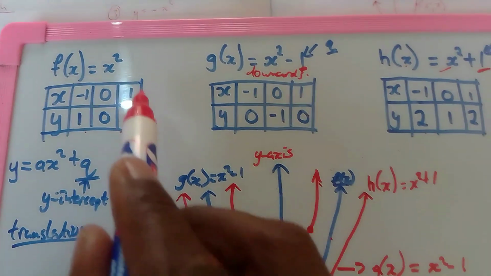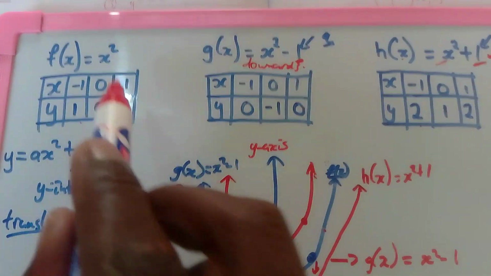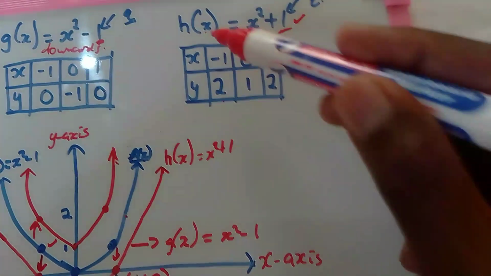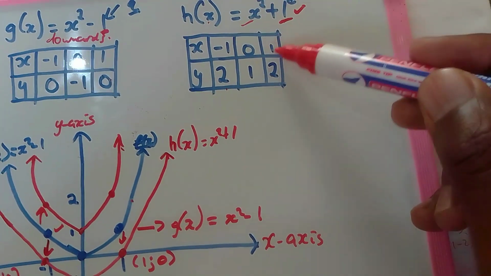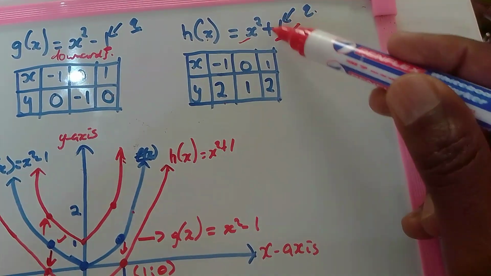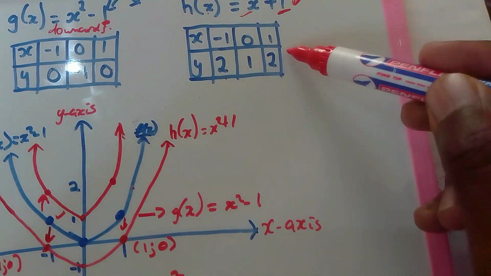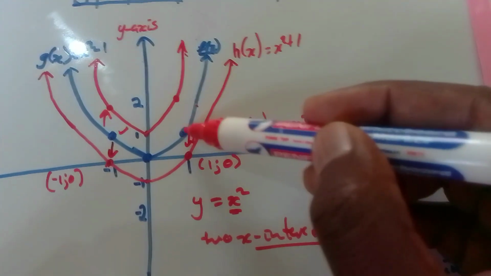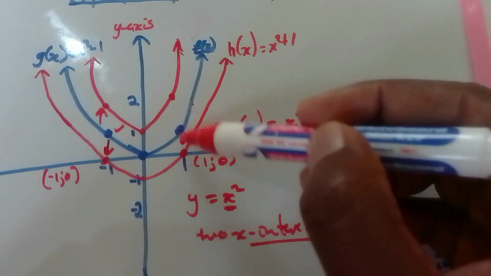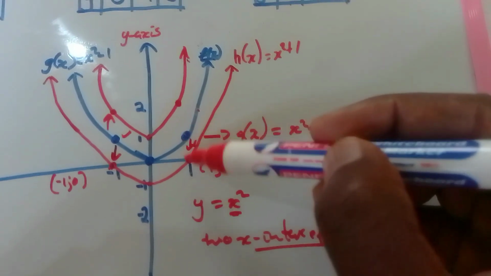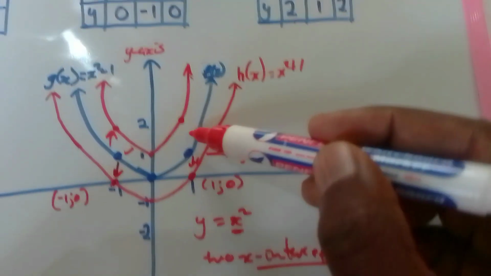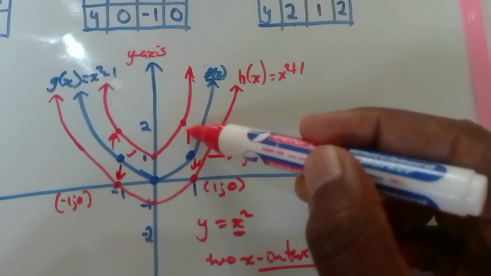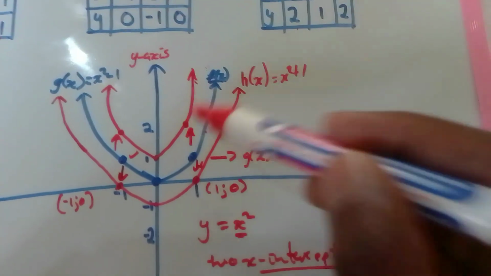And if we check, at x is equal to 1 on the parent graph, our y was 1. At x is equal to 1, where the q is +1, we've gone to 2. And if we go graphically, on the original parent graph or mother graph, with x is equal to 1, y was equal to 1. Now at x is equal to 1, our y is equal to 2, which means we also went 1 unit upwards.